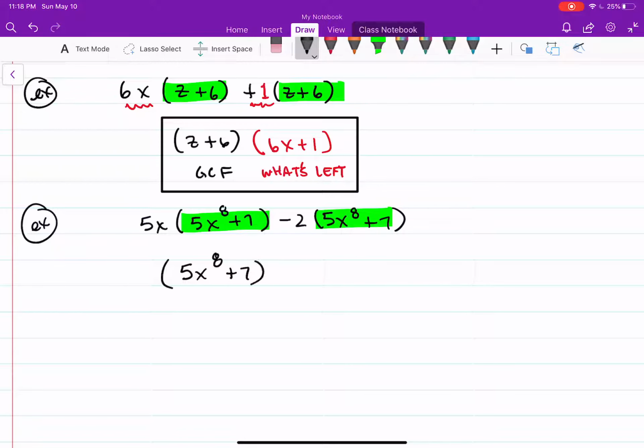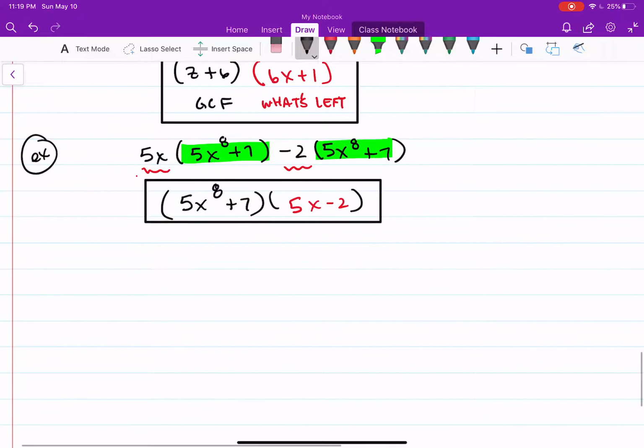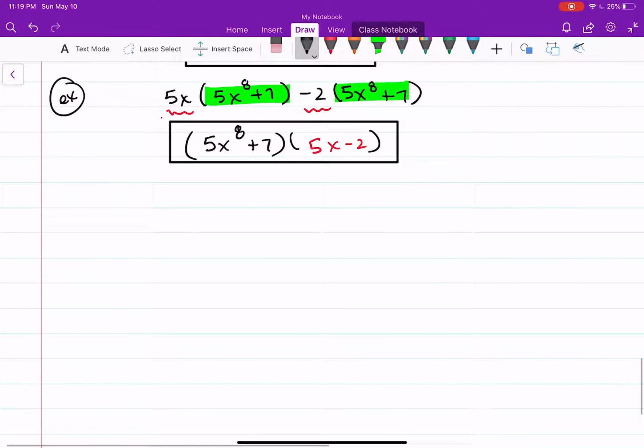Well, then what's left? 5x minus 2 is what's left. And that would be my answer. Okay? Not too shabby. And the reason why they're doing this is because it's leading you into something new. All right? We're still talking about factoring.